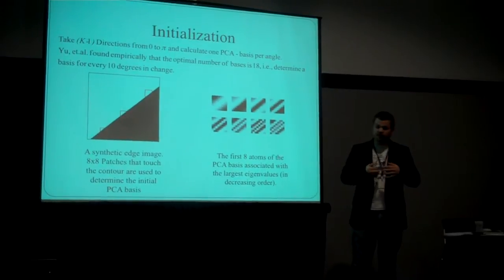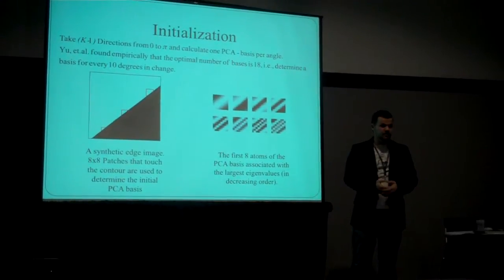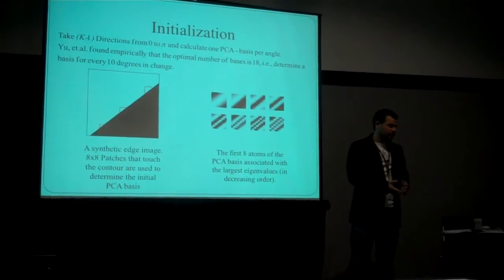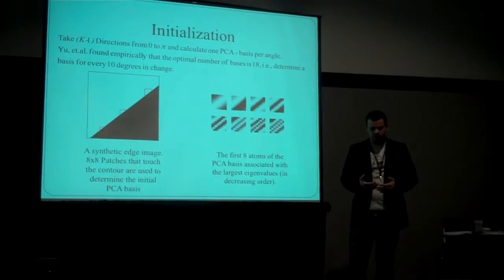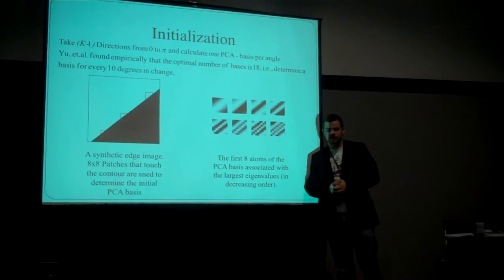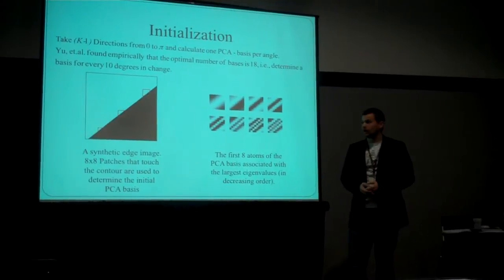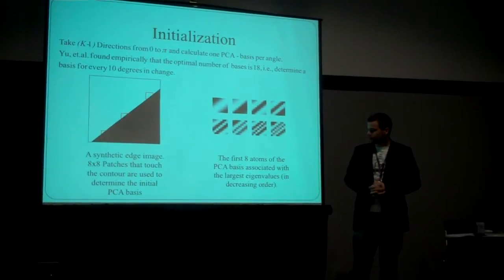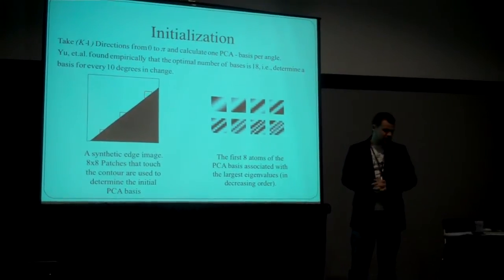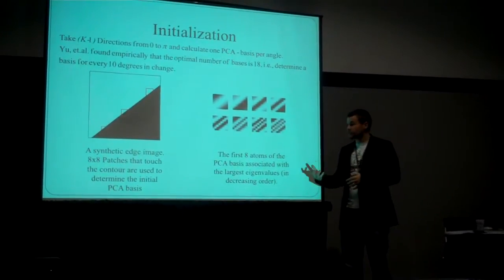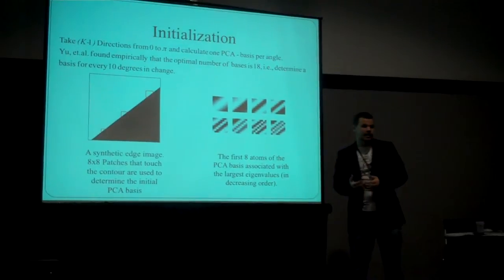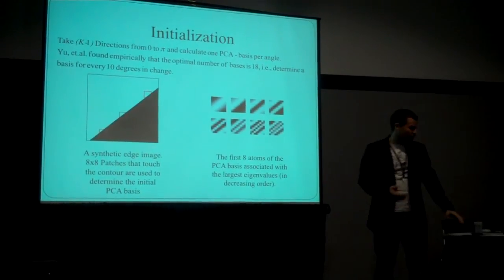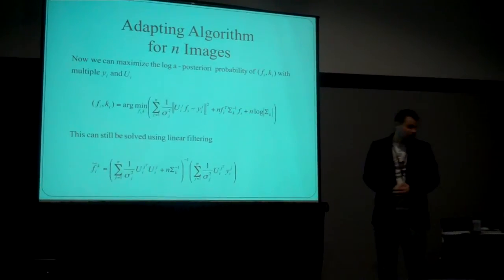And you take 64 patches out of each one of these, 8 by 8 patches, for your 64-variable Gaussian. And then you use the eigenvalues of these PCA bases in order to initialize the covariance in each Gaussian, because the mean is always 0 when you start off.